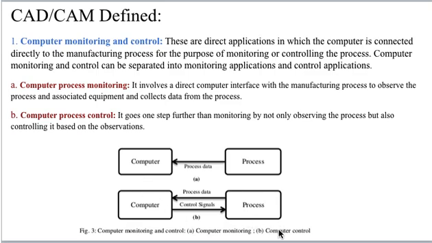In control, the computer interface allows for a two-way flow of data. Signals are transmitted from the process to the computer, just as in computer monitoring.